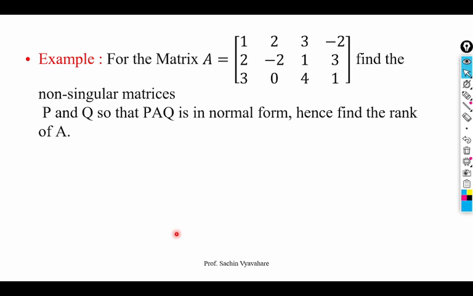We want the matrices P and Q. Let me note down the matrix here first: 1, 2, 3, -2; 2, -2, 1, 3; 3, 0, 4, 1. That is the matrix given, and let me show you how to do it.